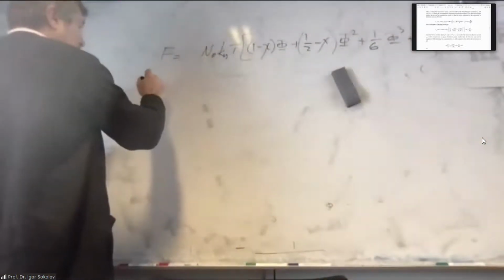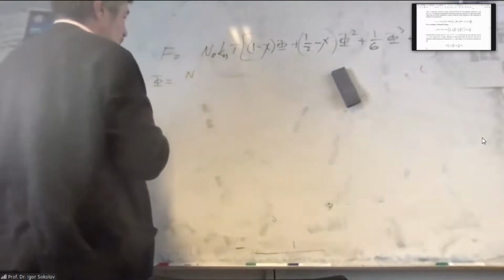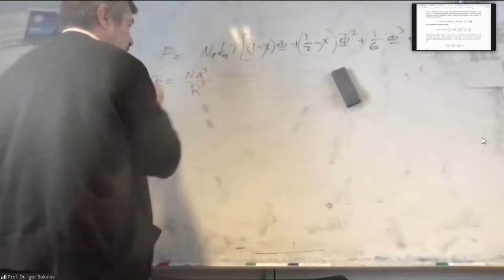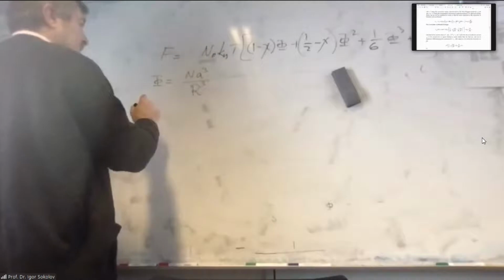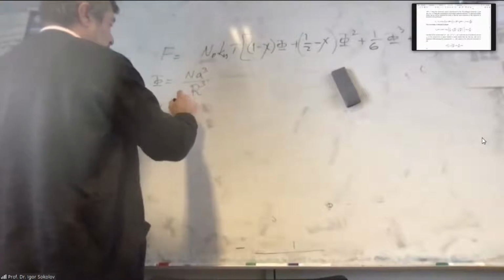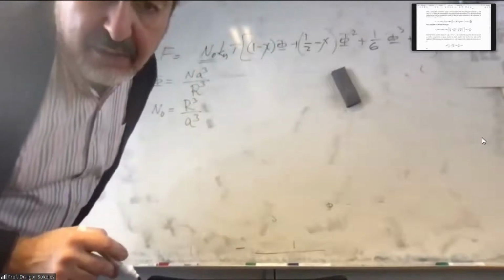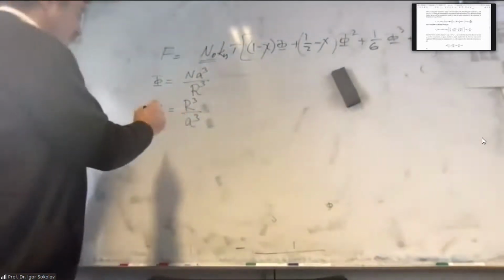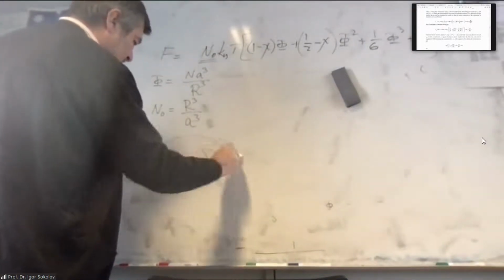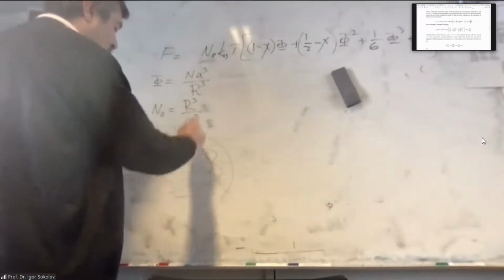And now I say phi is equal to N, the number of monomers, a cubed divided by r cubed. And I say that n0 is r cubed divided by a cubed, which I didn't put down there, because I have now my polymer, and I look at this lattice model and count all sites which are inside of this ball.